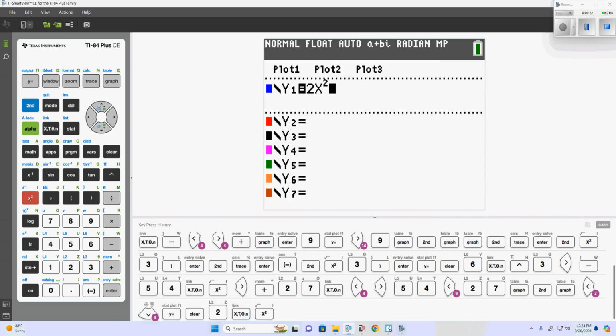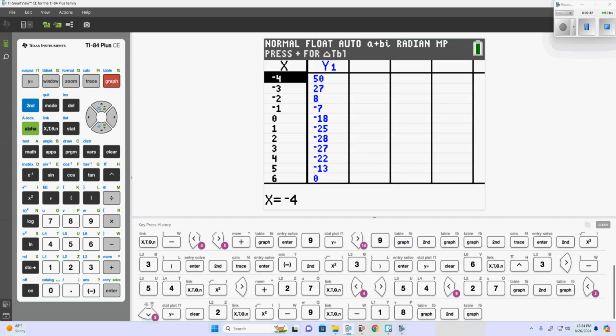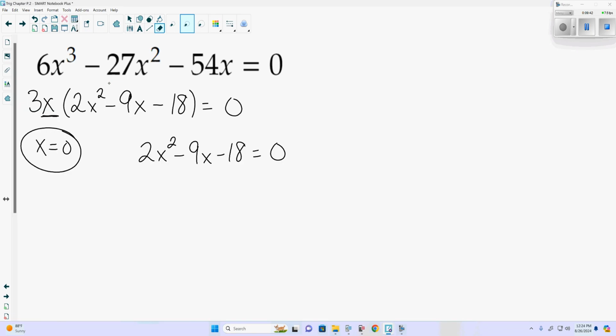2x squared minus 9x minus 18. So we have a solution at 6. We don't know what the other one is. Okay, we are there.